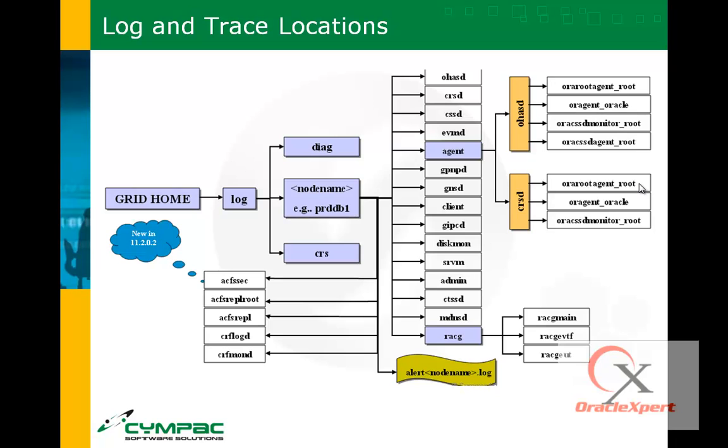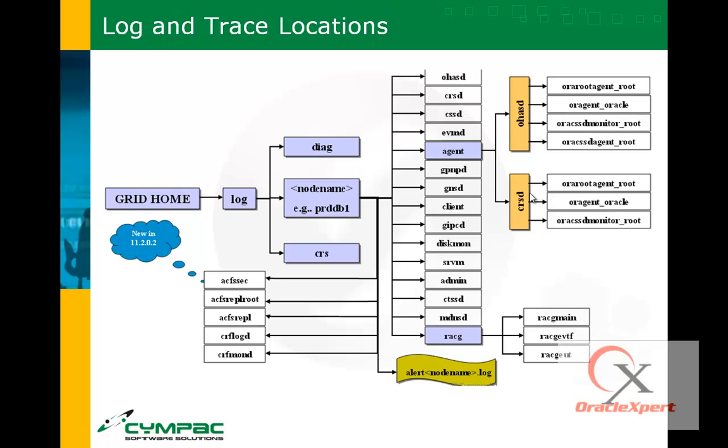If it's an unprivileged activity, like starting up a database instance, and it has errored out, I don't know why my instance is not starting. The reason should be located here in Oracle agent underscore Oracle, because CRSD is the one that is responsible for bringing up the cluster application resources.